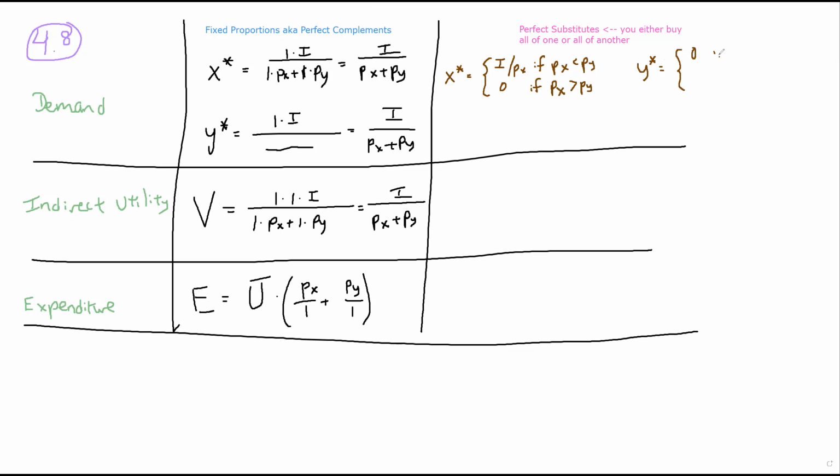It's 0 if the price of x is less than the price of y. If it's cheaper to buy x, I'm just going to buy x. But if it's cheaper to buy y, then I'm going to spend all my money on buying y.